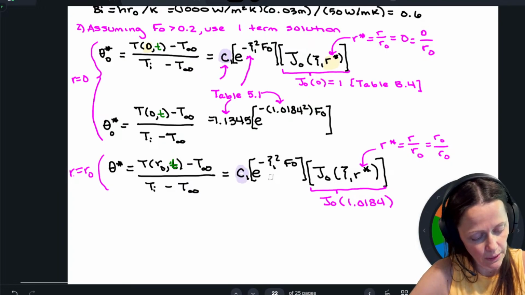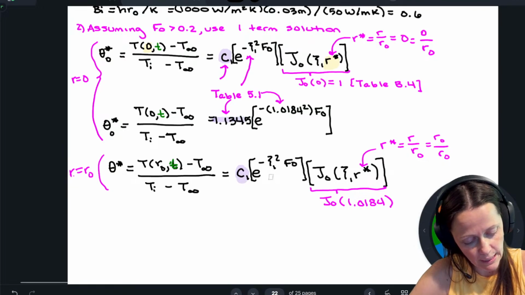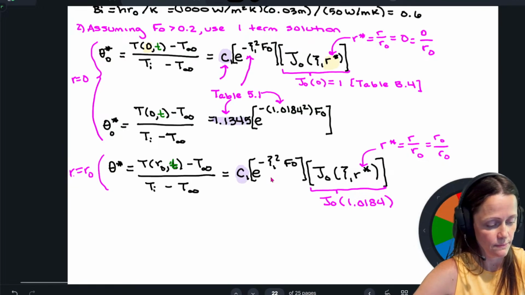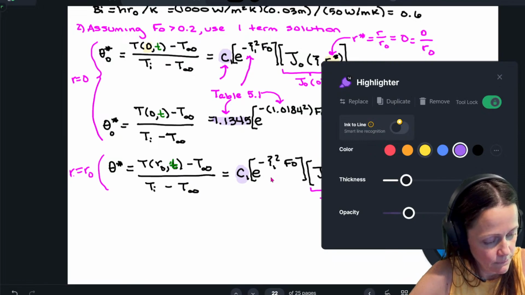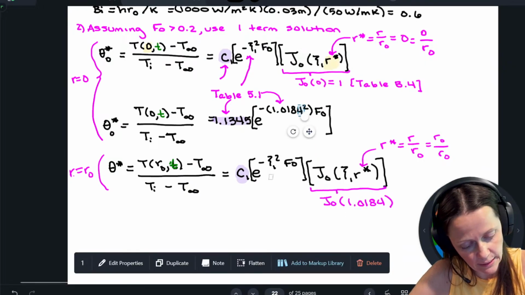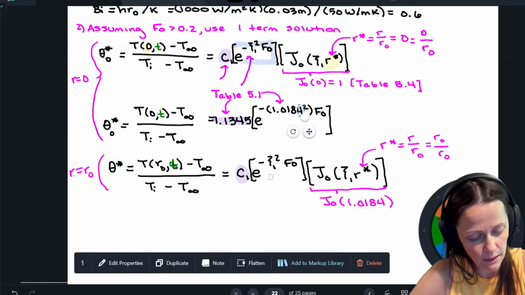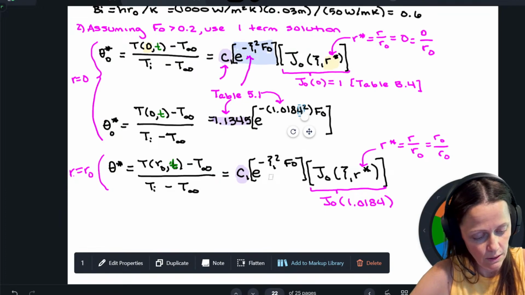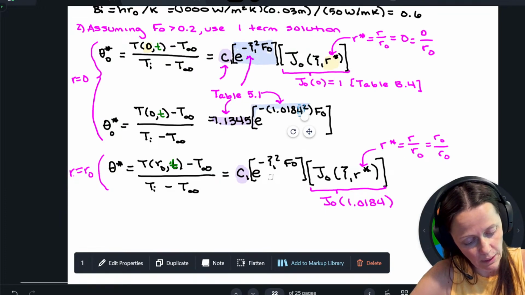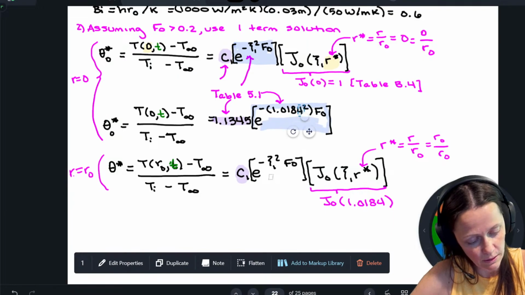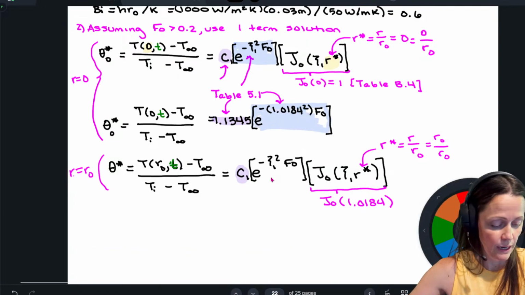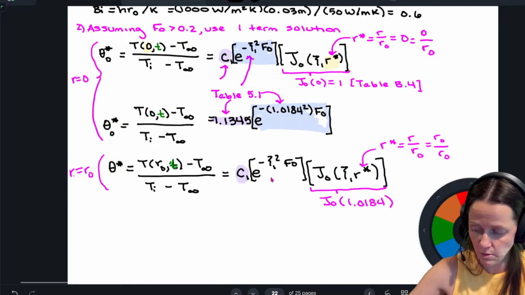I have a C1 here, right? That's the C1. And I've got this guy, and it's the same guy here. Right, same Fourier number because it's the same time.